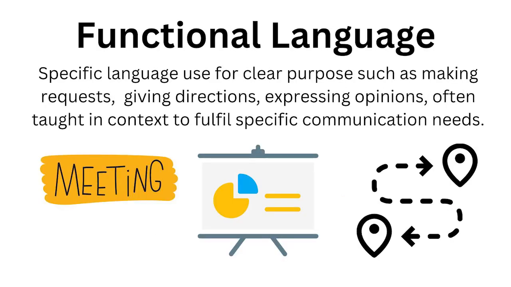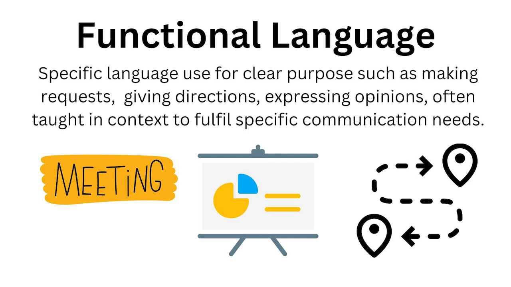Functional language. Functional language is used for specific purposes such as making requests, giving directions, or expressing opinions, often taught in context to fulfill particular communication needs. So, for example, when I teach English for business, there's a lot of specific vocabulary that students need to learn.